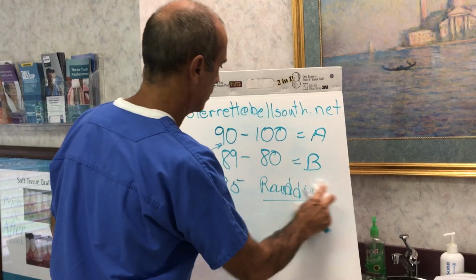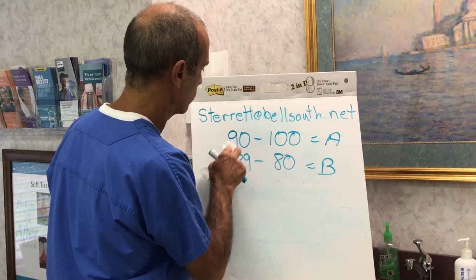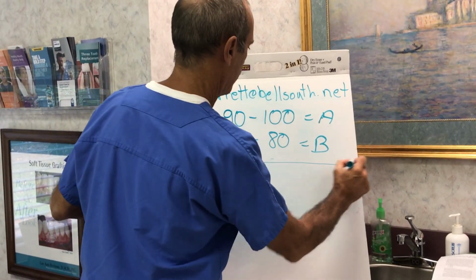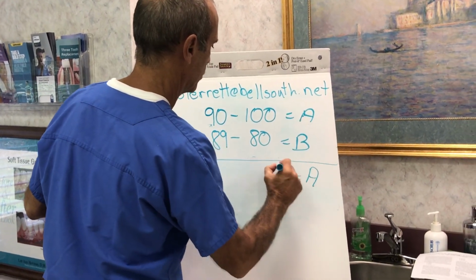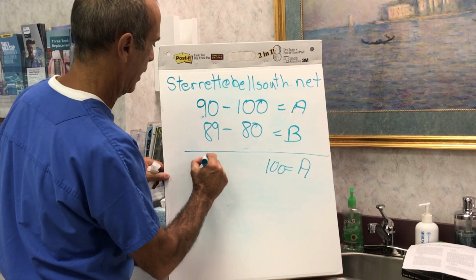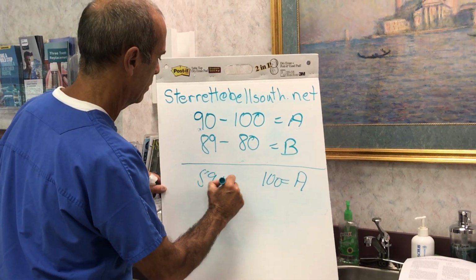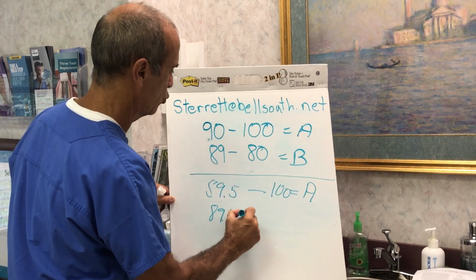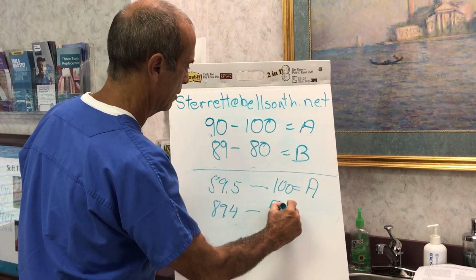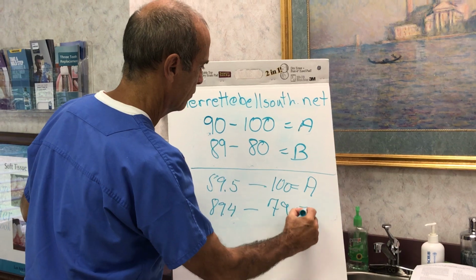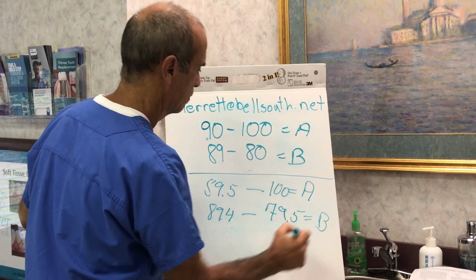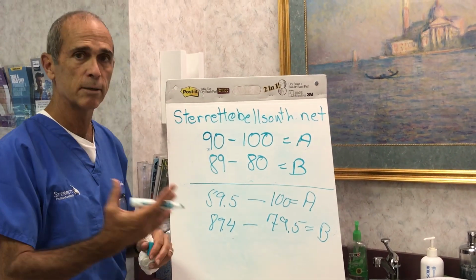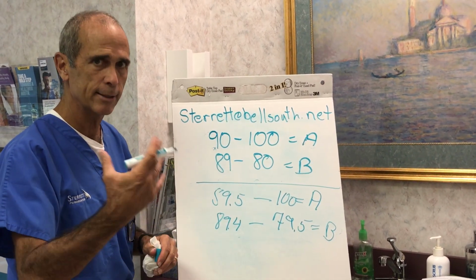So let's look at what that new grading scale looks like. We have an A equals 100 to 89.5, 89.4 to 79.5 equals a B. So we think we've solved the problem, but when we look at that, many of you may have begun to pick this up.